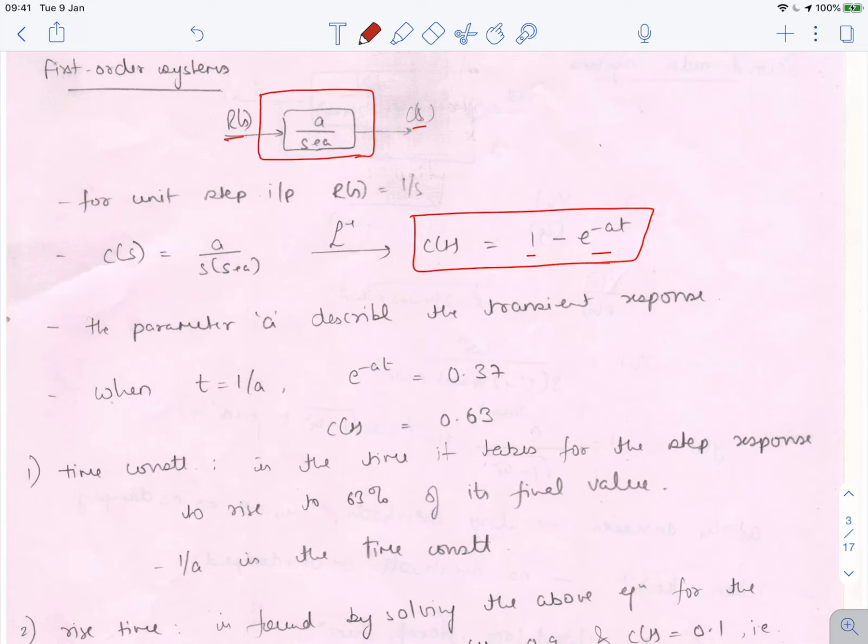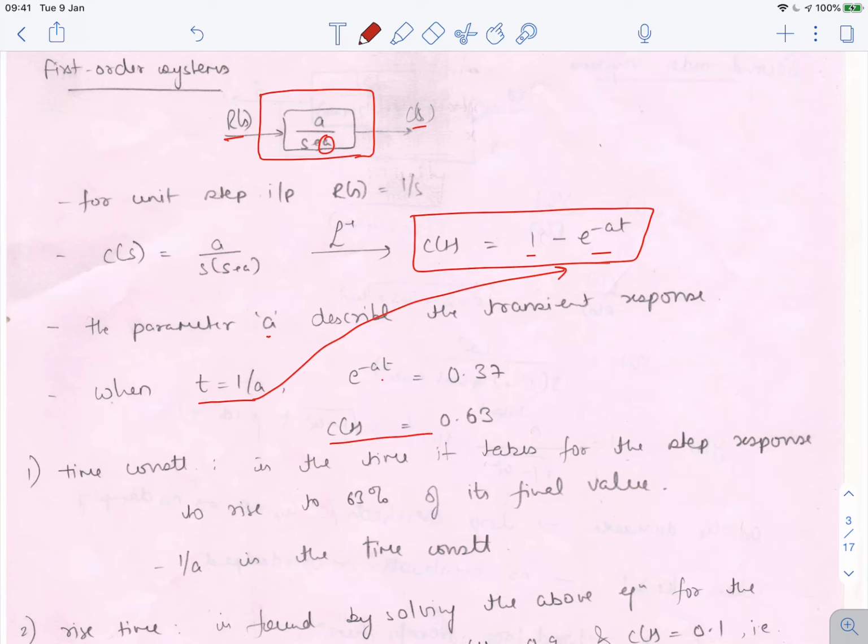So this parameter a plays a significant role in determining the transient response. When t becomes equal to 1 upon a, if I write t as 1 upon a in this expression, I would get e to the power minus at as 0.37.